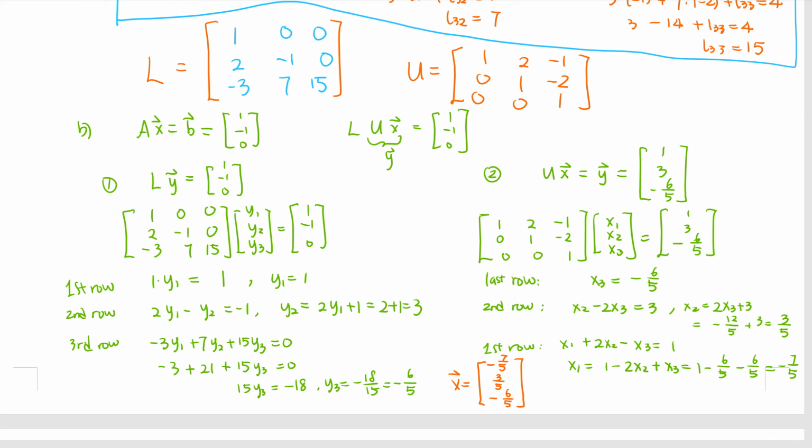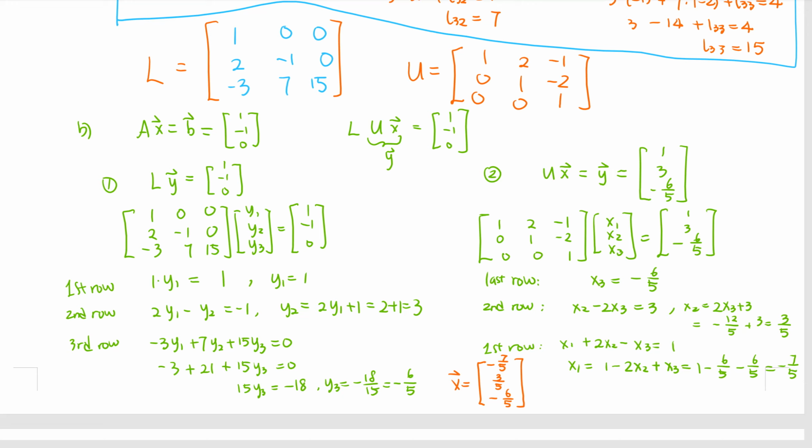So we save the steps of the Gaussian elimination, but here we have the 2 steps of the substitution. One is forward substitution, the other one is back substitution. Forward means you look at the first row, second row, third row. And then the back substitution is last row, second row, first row.